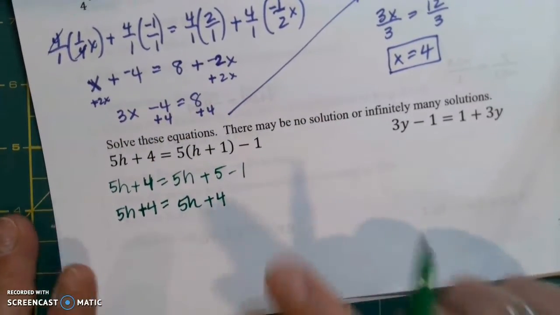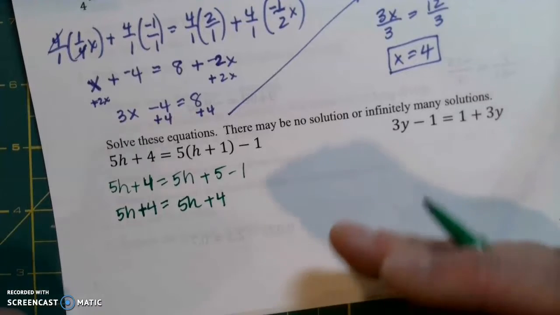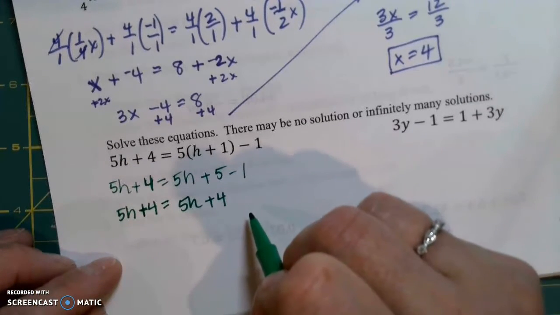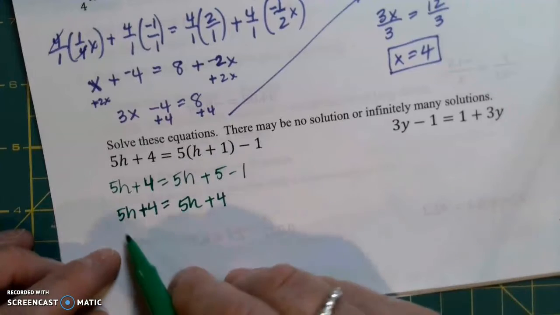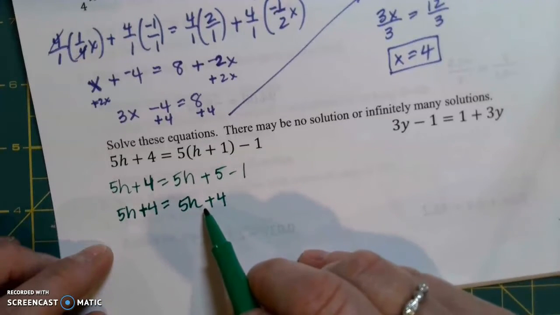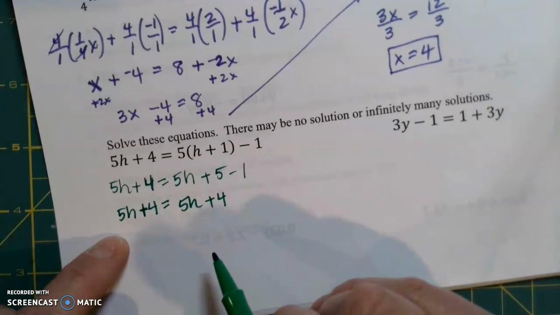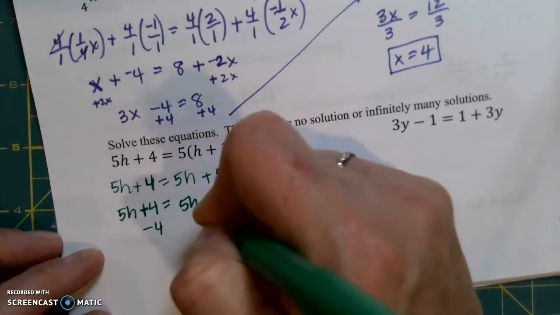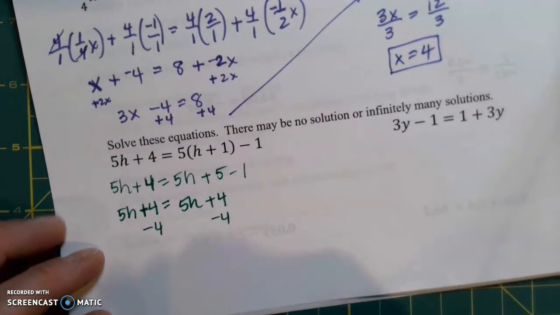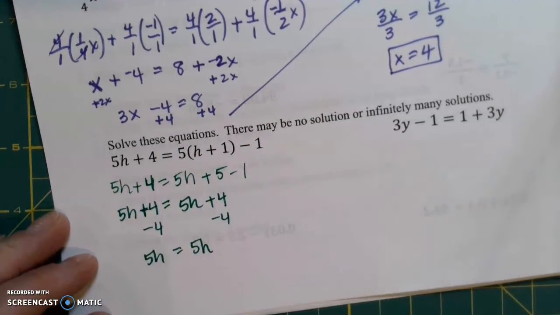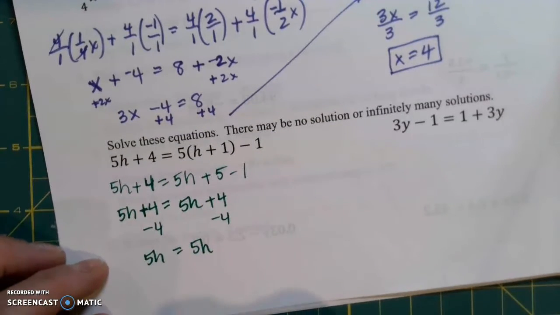Okay. So at this point, I know what my answer is going to be, because I ended up with the same thing on both sides of the equation. Whatever I put in for h, if I have the same expression on each side of the equation, the two sides will always be the same. If you don't see it right away, then you can keep going. So subtract 4 from both sides to move the constants. That's going to get you 5h equals 5h, pardon me.